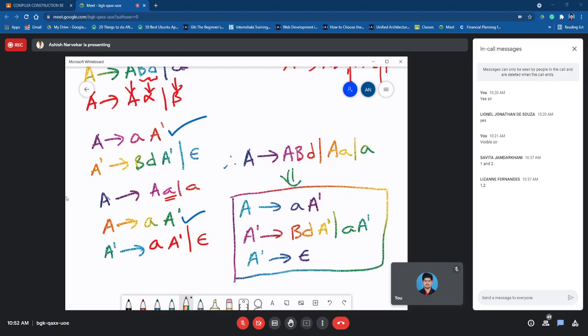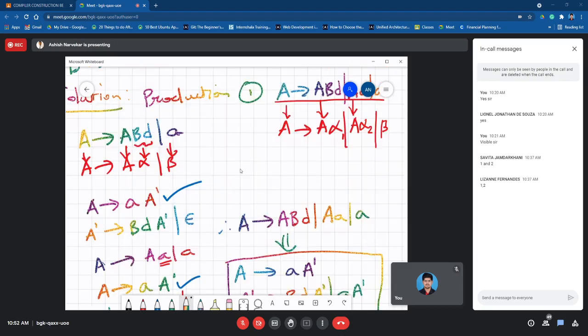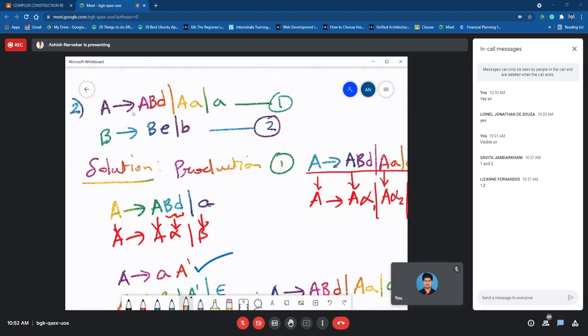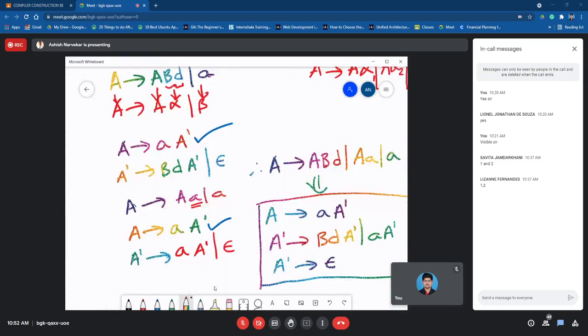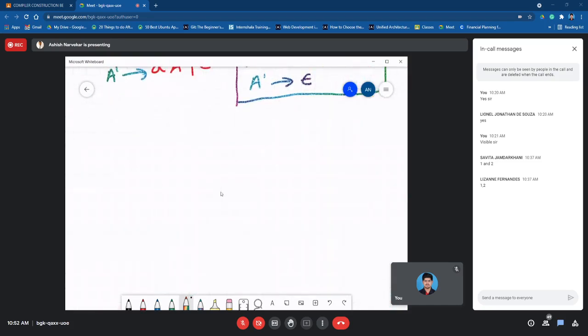So now this is for, I'll just scroll again to that grammar. This is just for the production rule 1. Now we can see that there is production rule 2 also. So now consider that particular production, that is production 2.